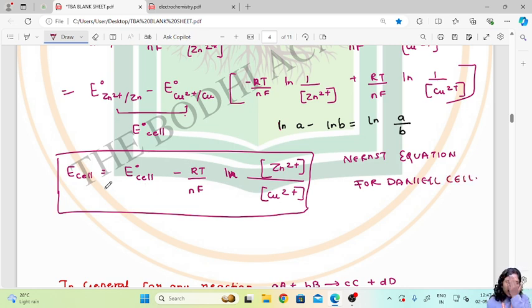Okay, so this is our final equation after simplifying all of the steps.